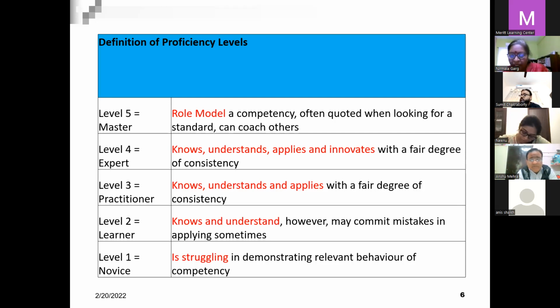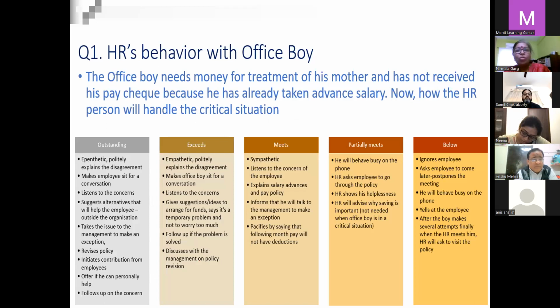Now let us look at a response. If you just see these responses, look at the lowest. If anybody can read 1 or 2 statements of this lowest, which is level 1. Can anybody, can you see this?